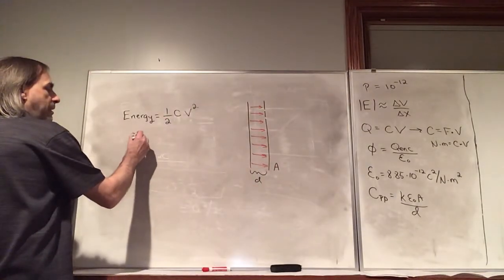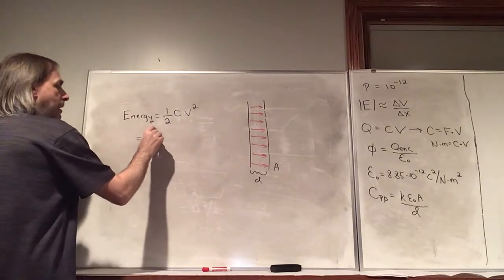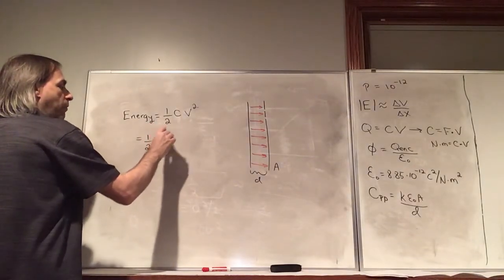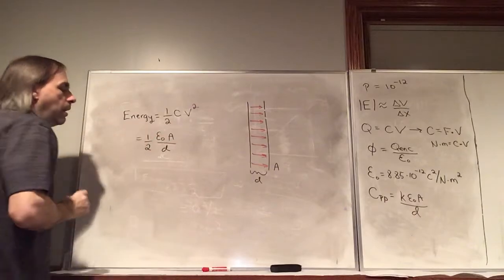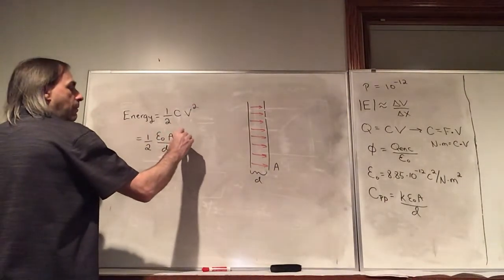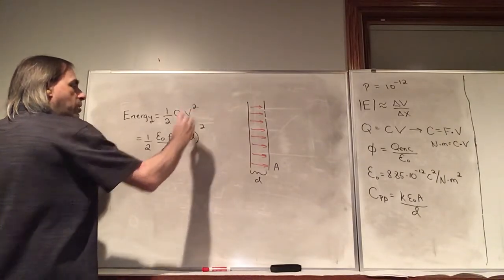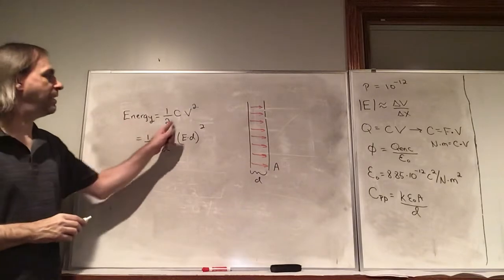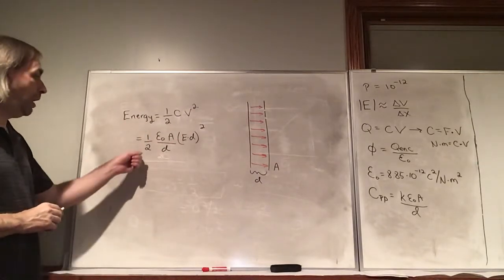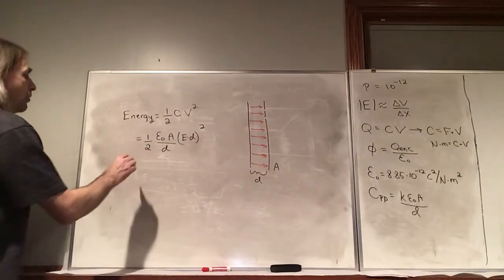So let's plug things in. We have 1/2. The capacitance is epsilon naught A over D. And the voltage is E times D, squared. So we wrote the energy in this form, and then we plugged in the value for the capacitance and for the electric field.